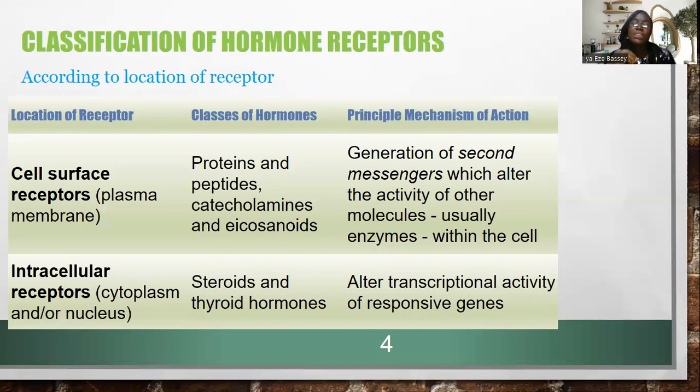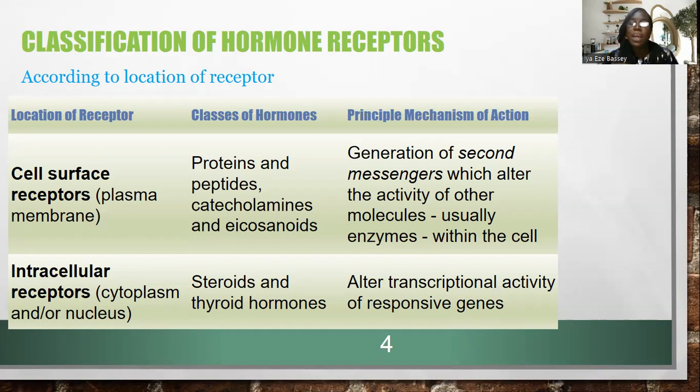The cell surface receptors are located on top of the cell, that is the plasma membrane, and because they are located there, they are referred to as cell surface receptors or plasma membrane receptors. It depends on the text you're reading. And they are usually for lipophobic molecules or hormones that include proteins, peptides, catecholamines, and eicosanoids.